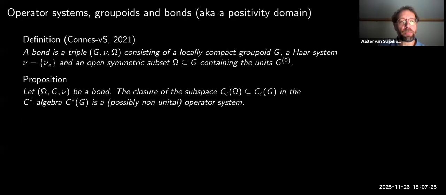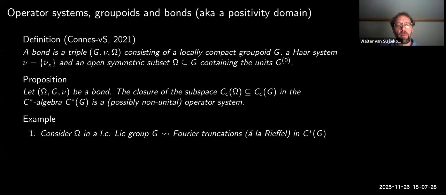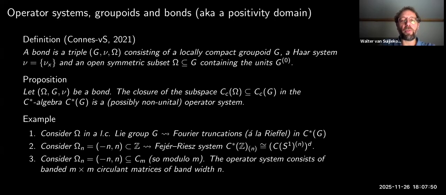That's actually an operator system. If you do this for a locally compact Lie group G, and you take Omega containing the unit and being symmetric under the inverse, then you get Fourier truncations in C-star of G in the sense of Rieffel. The one I already showed you is Fejér, where you take minus n to n; these are special cases of the first example in Z, and that's the Fejér system.